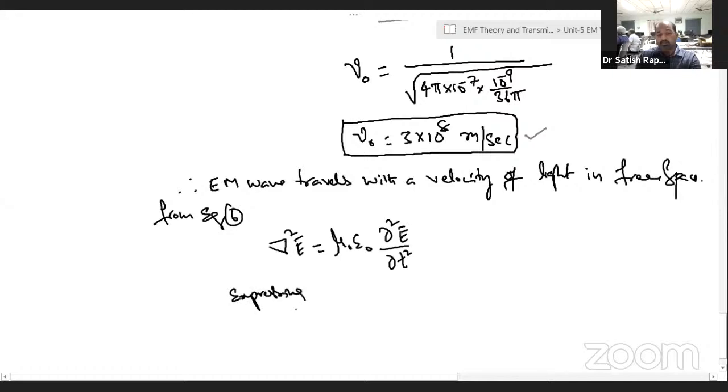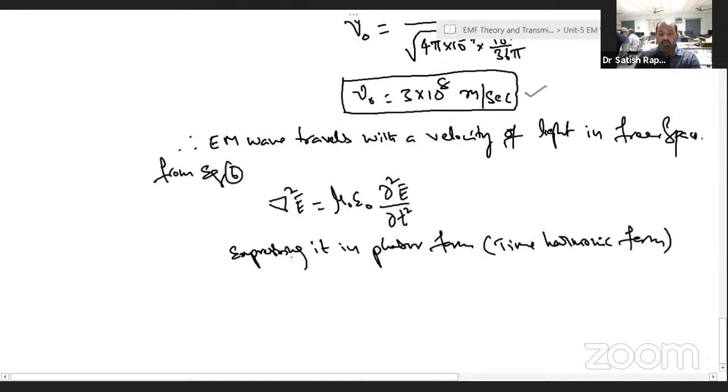Expressing it in phasor form or time harmonic form, what will we get?